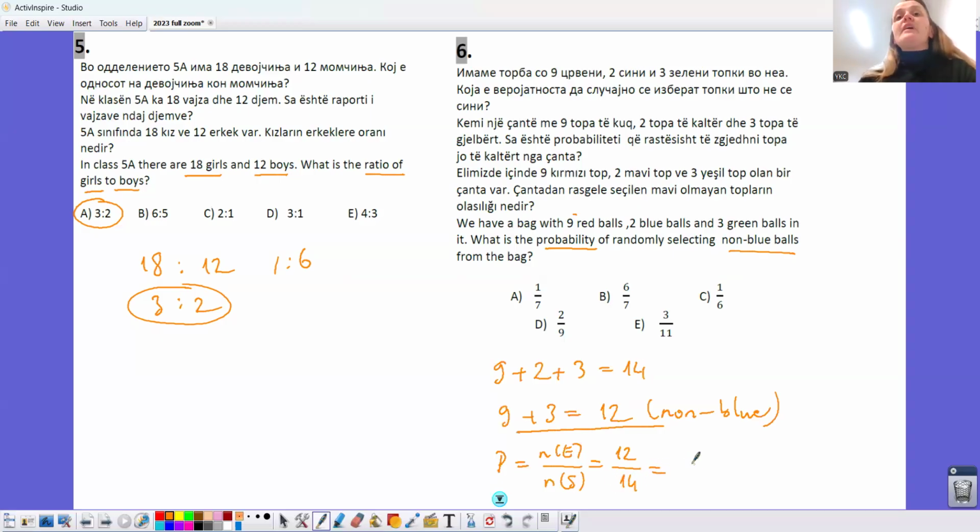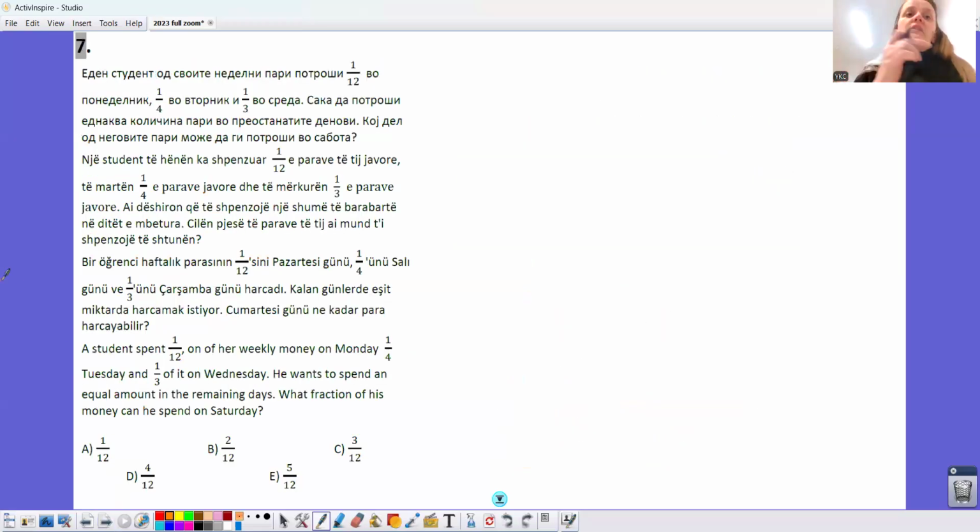When I simplify this by 2, I will have 6/7, which is B. This is the sixth question. The probability is always this one. The sample space means all the possible outcomes, and the event is the outcomes that we are talking about.